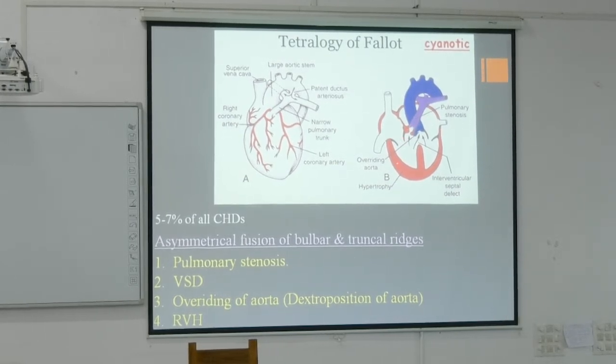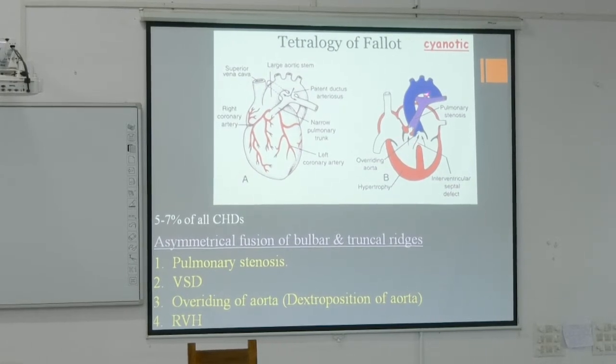To pump the blood from the right ventricle through this narrow opening, it needs more pressure. As a result of this pulmonary stenosis, we have a hypertrophy of the right ventricle. So these things come together.